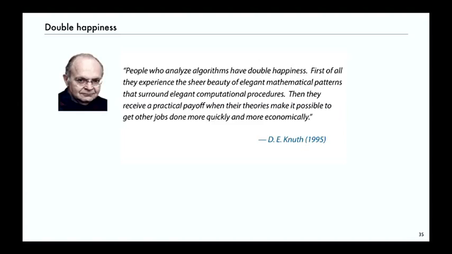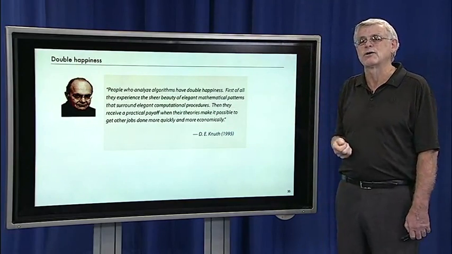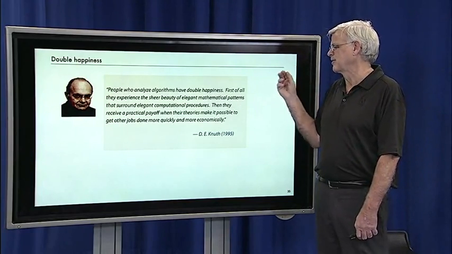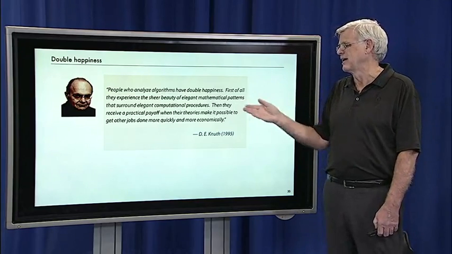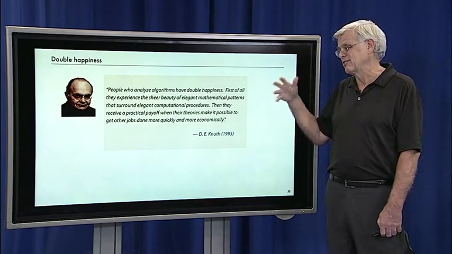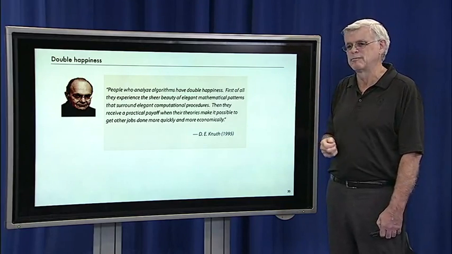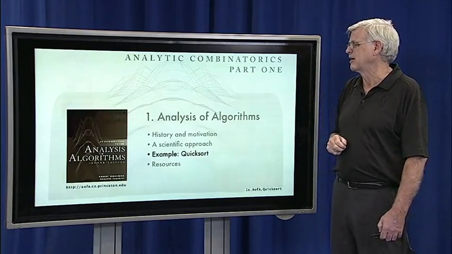Just in terms of the pure math, what programs bring to the table is another level of interesting mathematics. But then, if you're in the analysis of algorithms, you get a practical payoff because your theories make it possible to get other jobs done more quickly and more economically. So it's not just the math, it's that the math is helping us press forward in all kinds of important and identifiable ways.